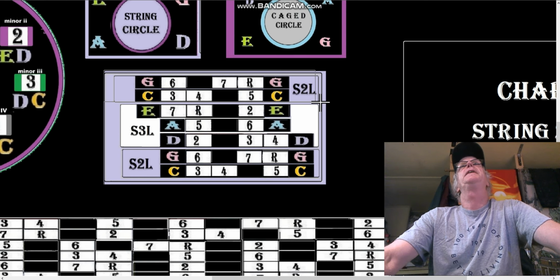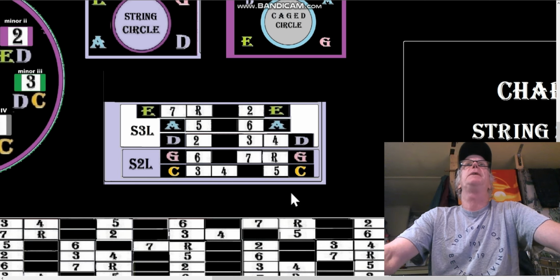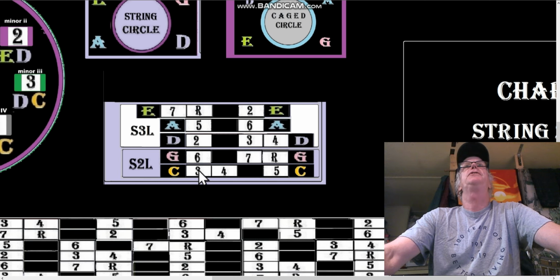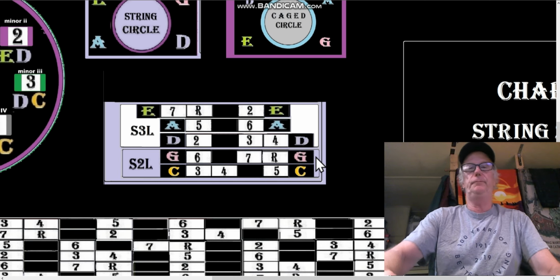If we don't look at the extra stacked up there, here are our 5 shapes, just reviewing them: the C shape's 3 4 5, the G shape is 6 7 root, the D shape's 2 3 4, the A shape's 5 6, and the E shape's 7 root 2. You just build one on top of the other to get our 5 cage shapes.